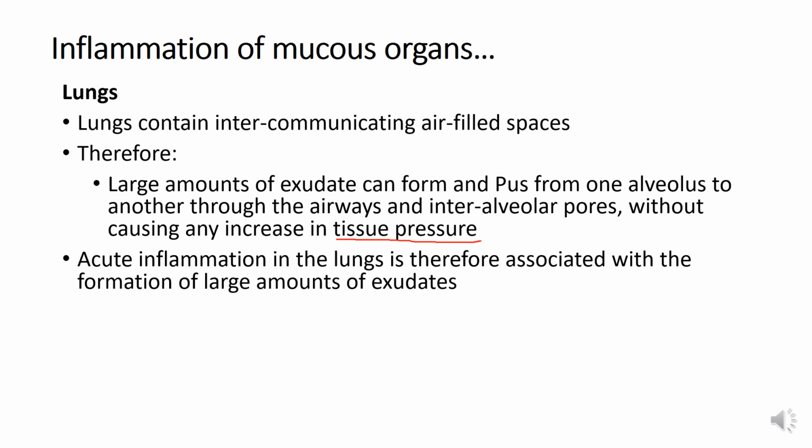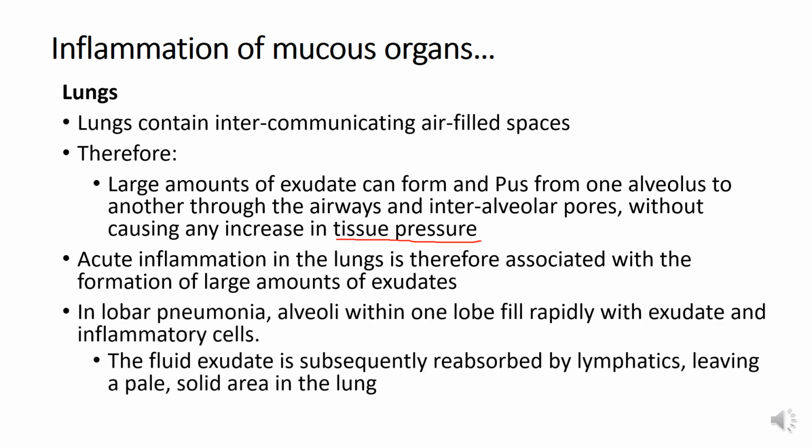Now, going forward, in cases like those of lobar pneumonia, the alveoli in one lobe can fill with exudate and pus and inflammatory cells, but these can quickly be removed by the lymphatics. When the lymphatic systems remove this exudation, the exudate fluid and the pus, then the area is left looking pale.